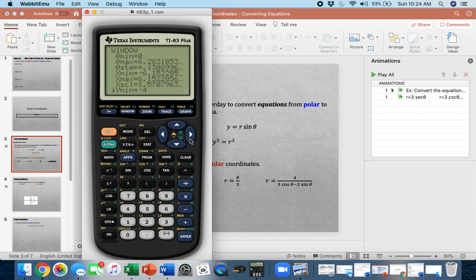I don't know. Hey, what if I want it to go further? Instead of going to 2 pi, why don't I have it graph from 0 to 4 pi? Oh, look how pretty that is. What if I went to 6 pi?